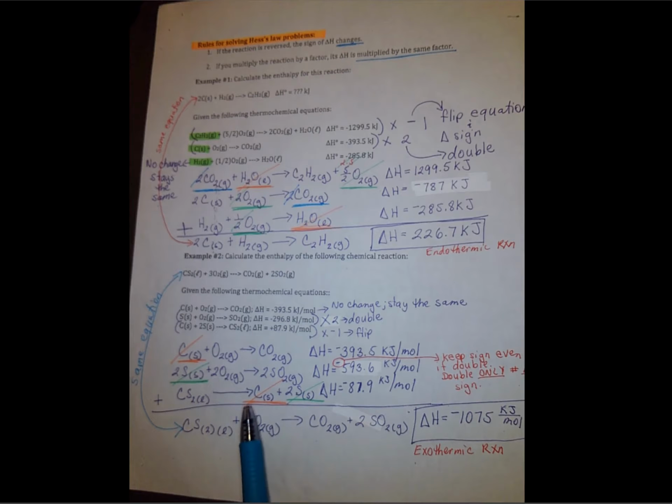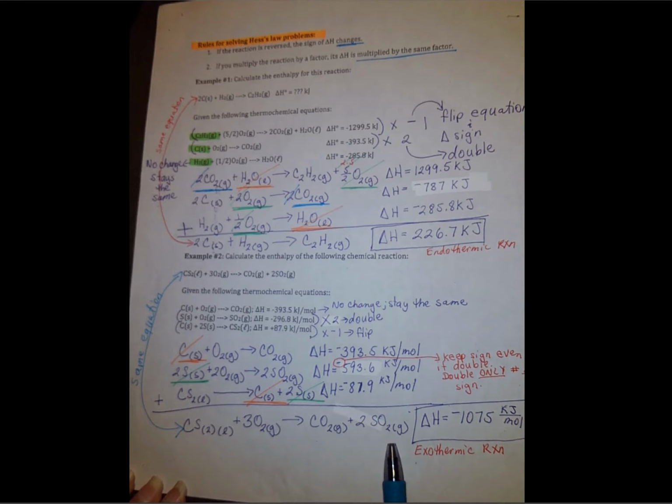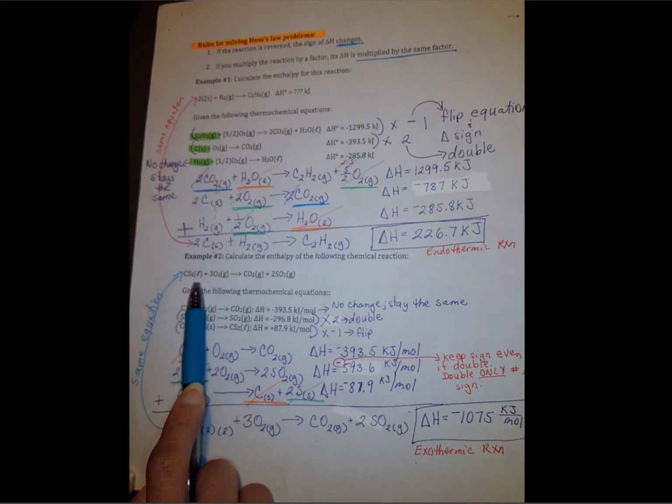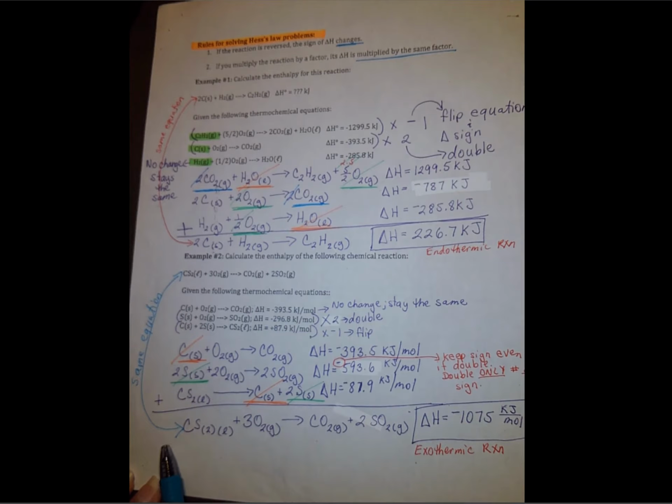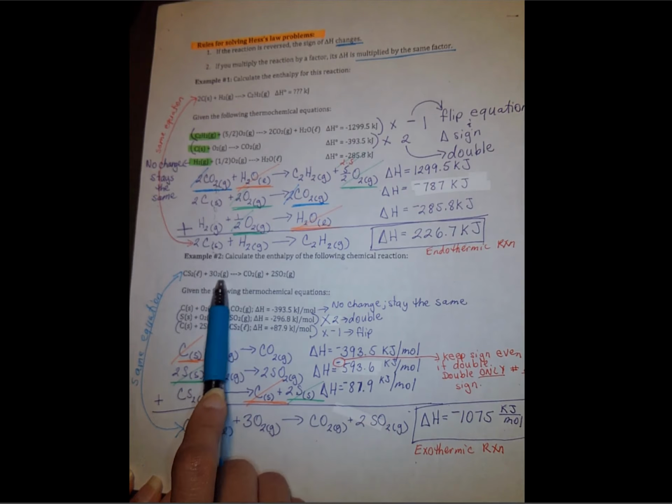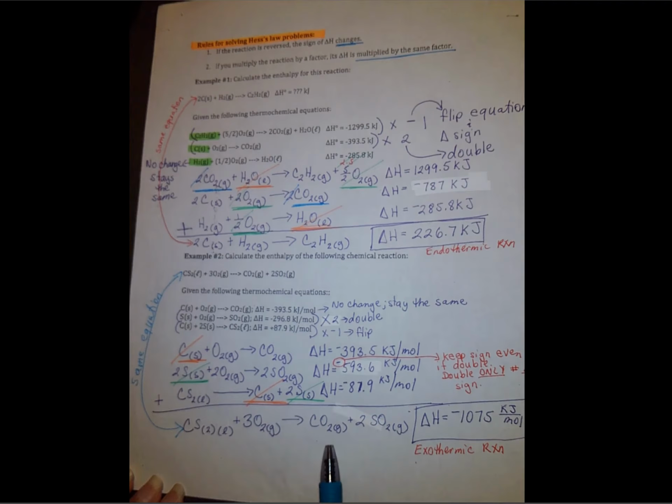The compounds that are remaining should be part of our original equation, and they should be the exact same. So we should have 1 mole of liquid carbon disulfide plus 3 moles of oxygen gas that produces 1 mole of carbon dioxide gas plus 2 moles of sulfur dioxide gas.